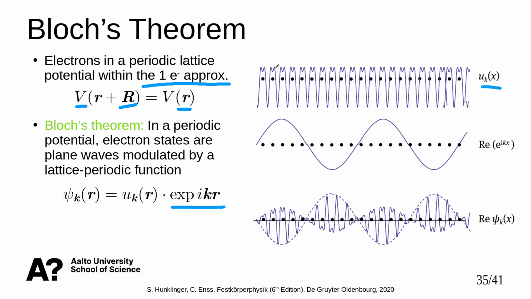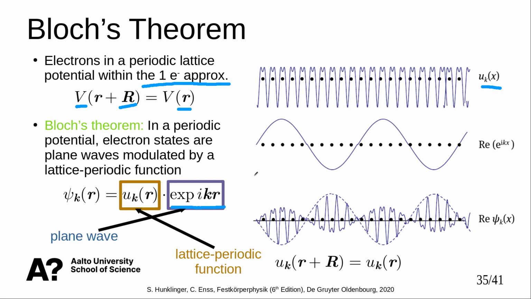It repeats the potential constantly, whereas the plane wave is more like a sine or cosine wave. So the exponential expression is our plane wave, whereas the u is our periodic lattice function. Again, u of r, or of x, it doesn't matter, is the same as u of r plus R. So it gets periodically expanded.